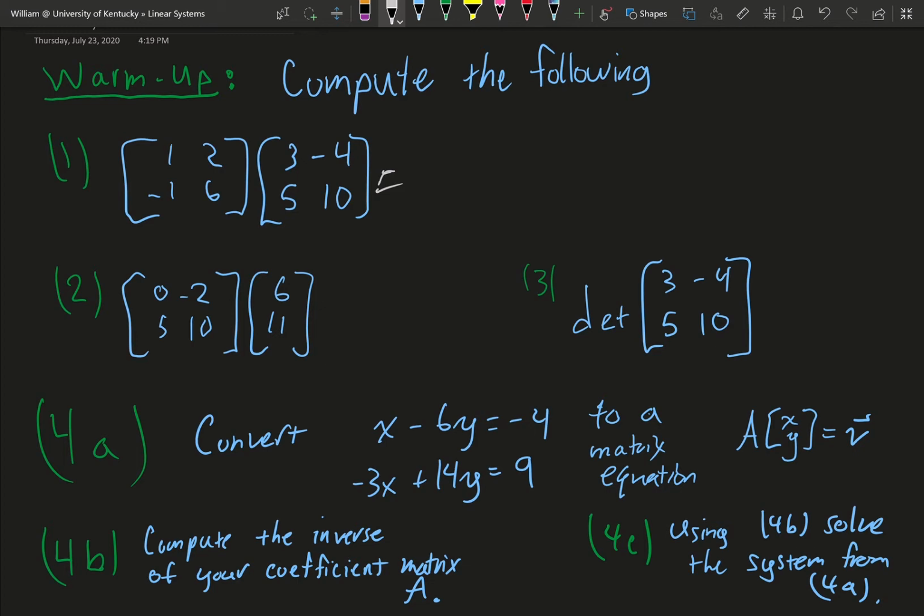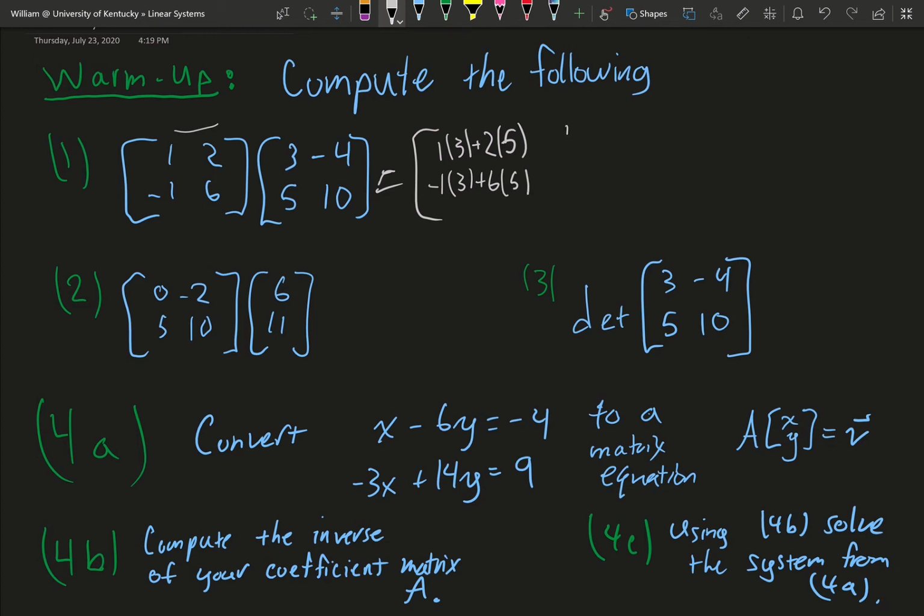I'll work through these in a little more detail since it is a review. Remember that the way we do it is, here we go by row, and here we go by columns. To compute the entries, first we do first row, first column. Here we do first row, second column, and so on. So this is going to be 1 times 3 plus 2 times 5. Here it's negative 1 times 3 plus 6 times 5.